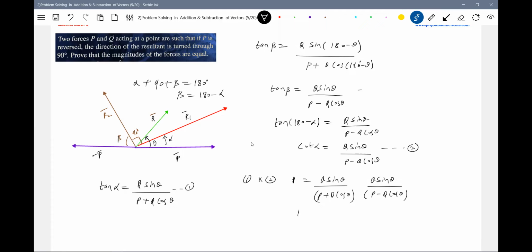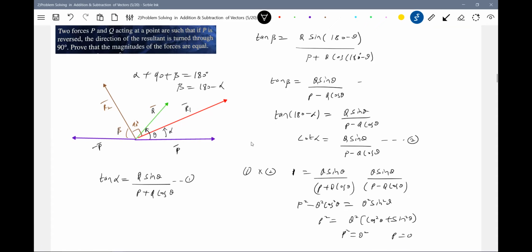So this will become P square minus Q square cos square theta equal to Q square sine square theta. P square equals Q square times cos square theta plus sine square theta, which is equal to 1. So finally, we can write P equal to Q. I think that's the proof he has asked. Okay, fine.